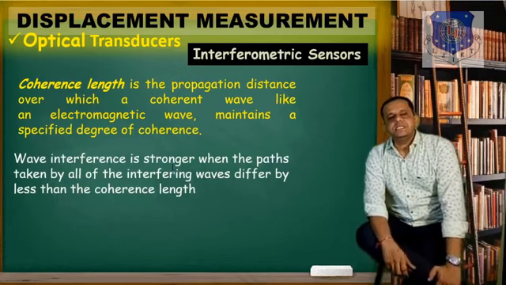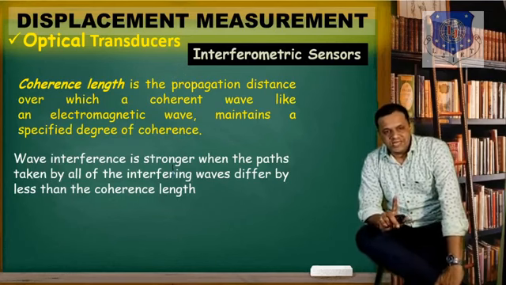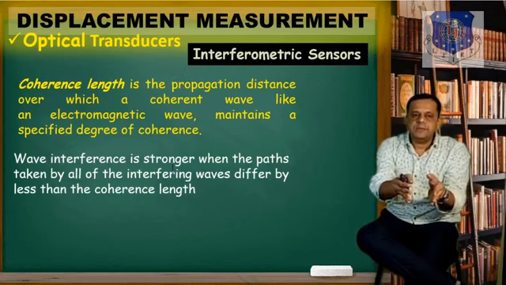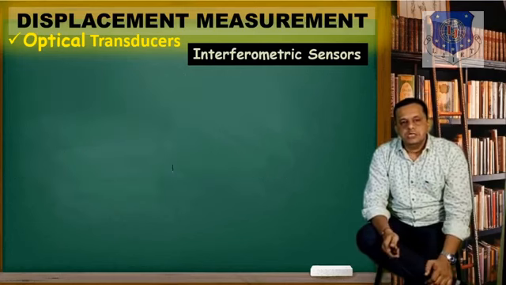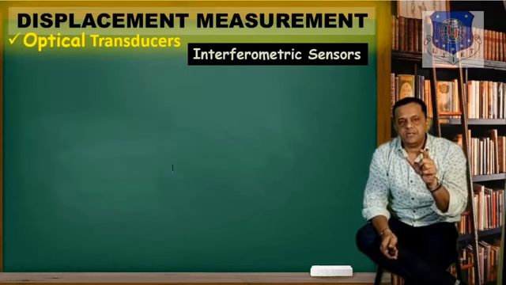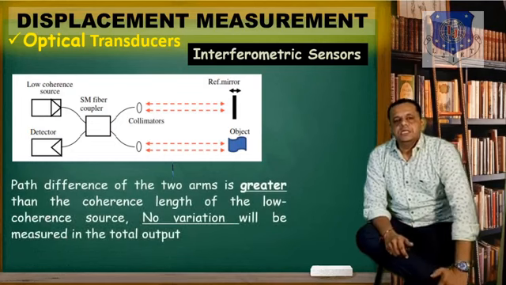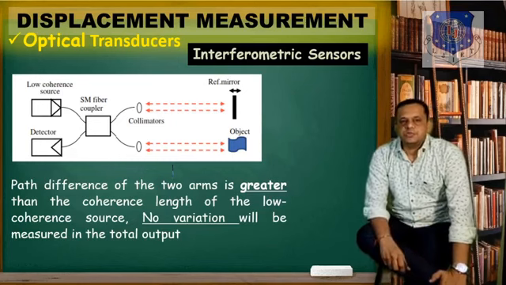Wave interference is stronger when the path taken by all the interfering waves differs by less than the coherence length. So by using this fundamental technique, we will be measuring the displacement, or basically monitoring the change in the displacement.